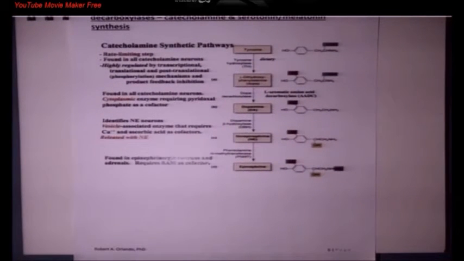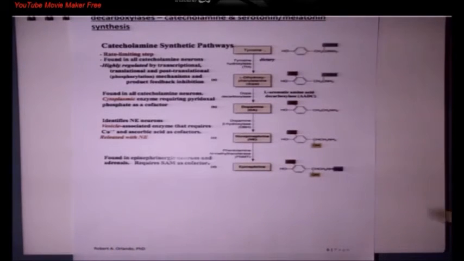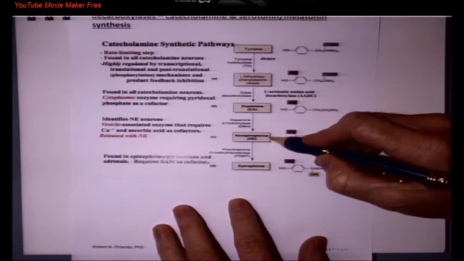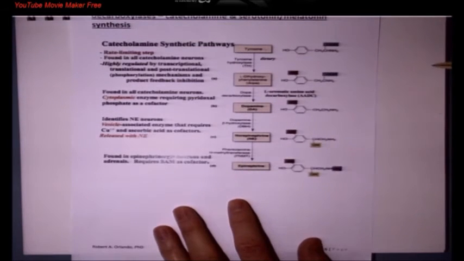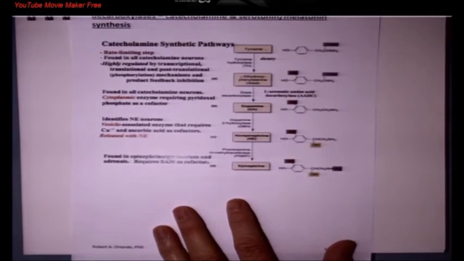Okay, so now there's a couple other places that B6 is required. These aren't necessary for me, but I think Dr. Burge will talk about these. First one is catecholamine synthesis. We're going to take tyrosine, and we're going to make three important products from tyrosine. One is dopamine, the other is norepinephrine, and the third one is epinephrine. So that's all going to come from tyrosine metabolism, the adrenal medulla.